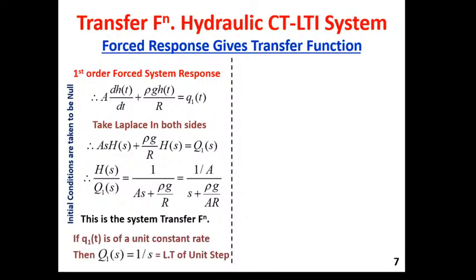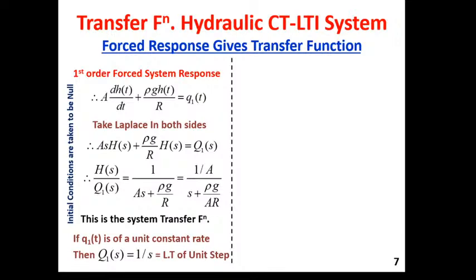So if q1(t) is of unit constant rate, we are assuming the rate at which the tank is being filled. As there is a forced response, that means there is a forcing function or input or excitation, that forcing function we are assuming to be a step, or a constant unit rate, so 1 unit of water per second, that is what we are considering for q1(s).